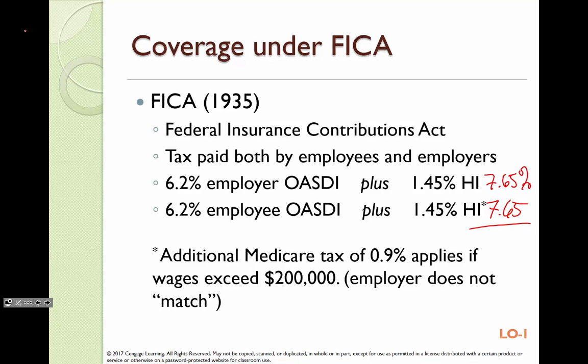So the total percentage going into FICA for each dollar you earn up to your cap is what? 15.3%, right? Now, those numbers, not in addition to 6.2 and 1.45, when I say 7.65, you should know what I'm talking about pretty easily there too.